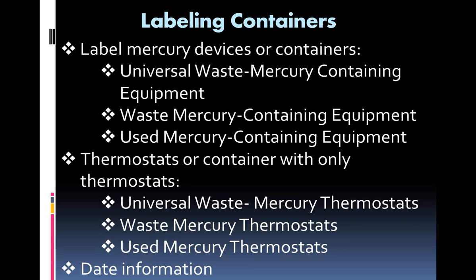So if the first light bulb burnt out on the 13th of November, 2013, then that's what you would mark on the box, and then it would need to be disposed of by that date a year later, even if anything else that went into the box was generated after that. So that's one way to do it.